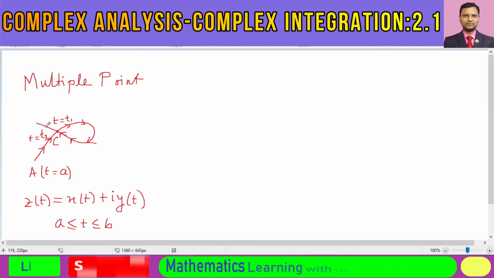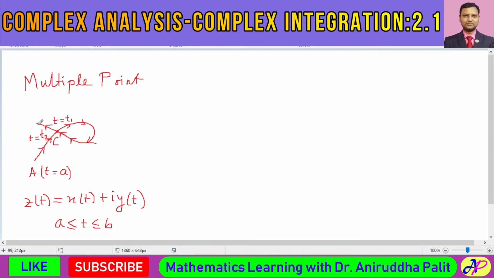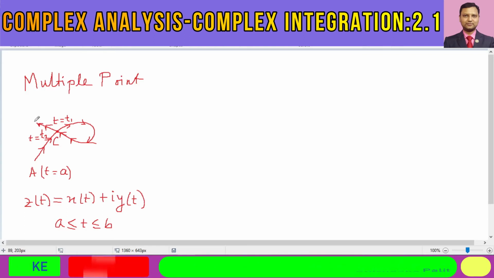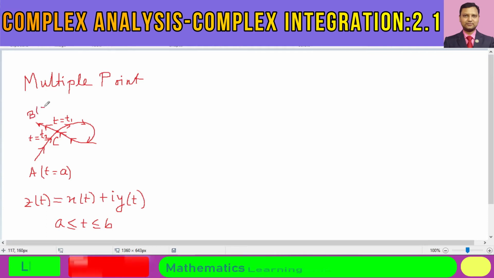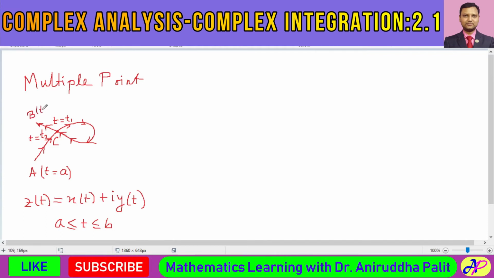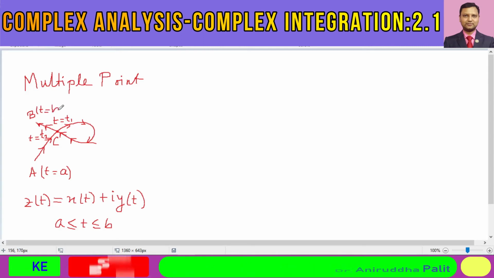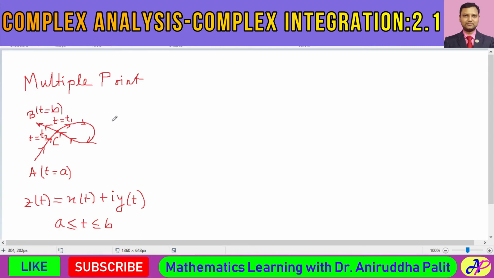And then it moves in this direction and finally reaches the point, say capital B, when t is equal to b.